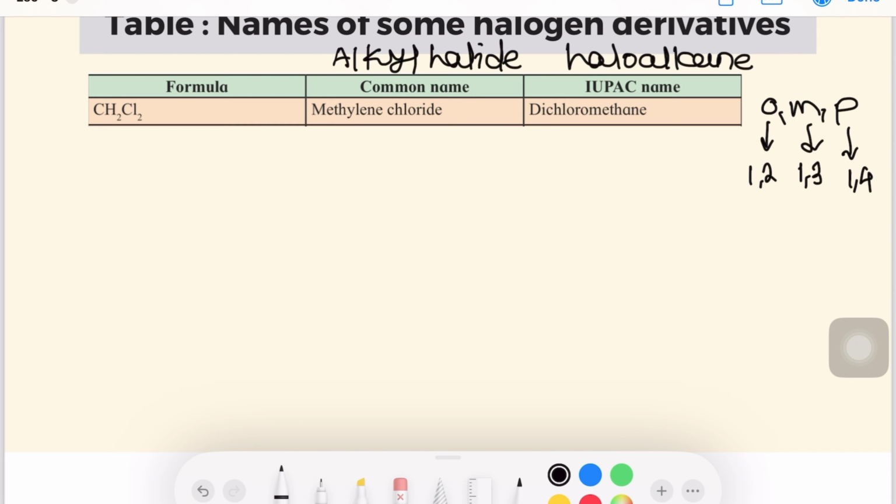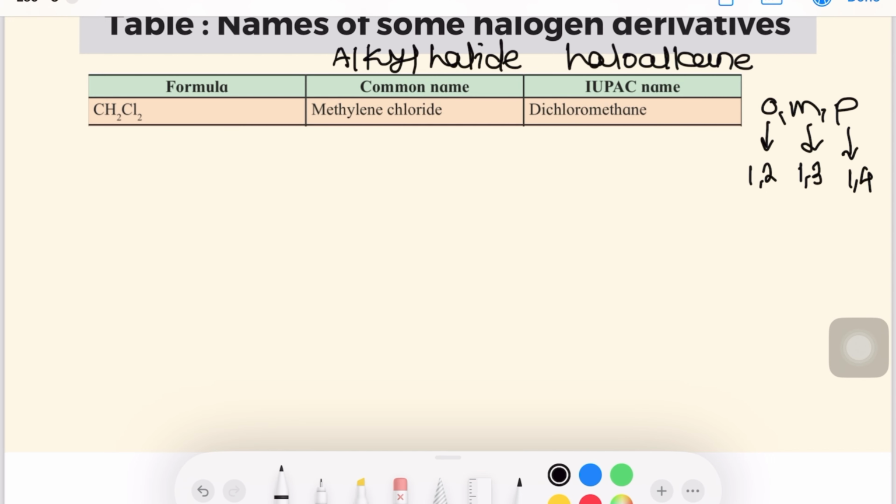But in IUPAC names, ortho is called 1,2, meta is called 1,3, and para is called 1,4 derivatives of halogen compounds.